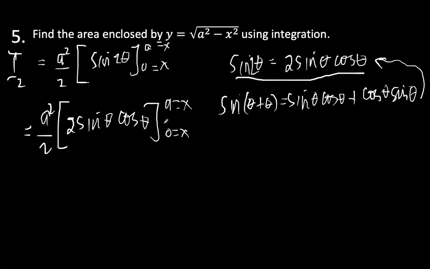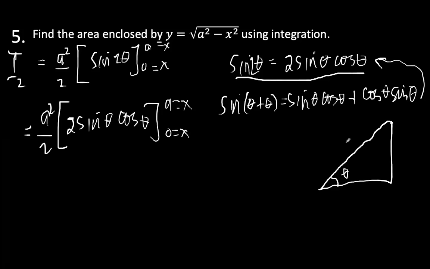Again, we cannot substitute x's yet because this expression is in terms of theta, not x. So we need to convert sine theta and cosine theta in terms of x. And to do that, we need to draw the triangle again that we drew a while ago.